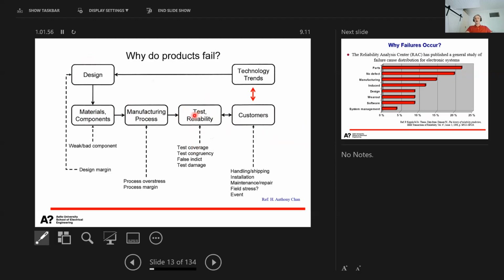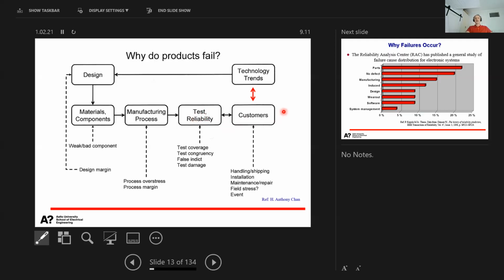So for example, test coverage: do you need to test all the components? Is it enough to test only the whole end product? Do you need to screen all the products, or is it enough to check every 100th product coming from the manufacturing line, and all these things?